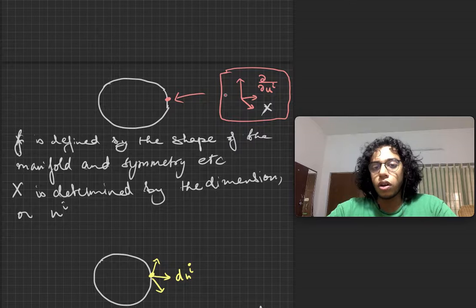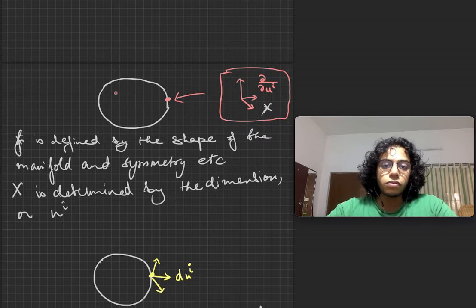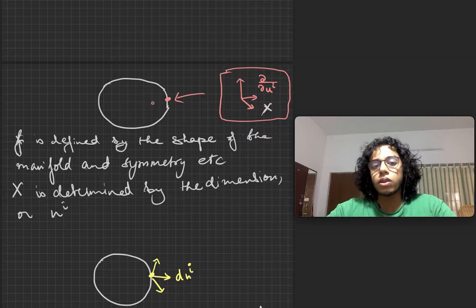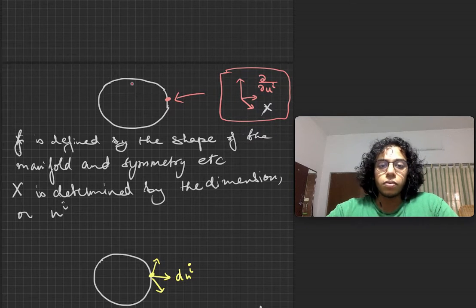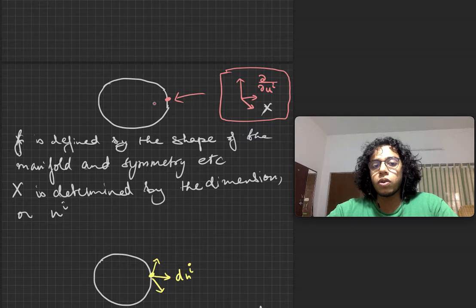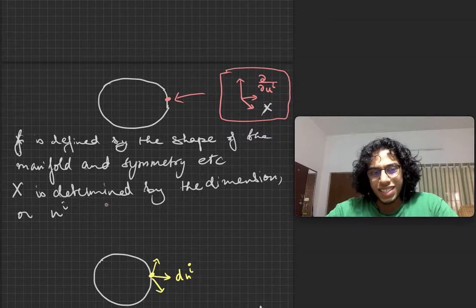You have the differential, the partial derivative, acting on the local neighborhood of P. Now f, or the function, is defined by the shape of the manifold and the symmetry, etc. So it is either defined in the atlas that you are talking about, or it is defined in the mapping with respect to another manifold, right? So now x is determined by the dimension or ui.